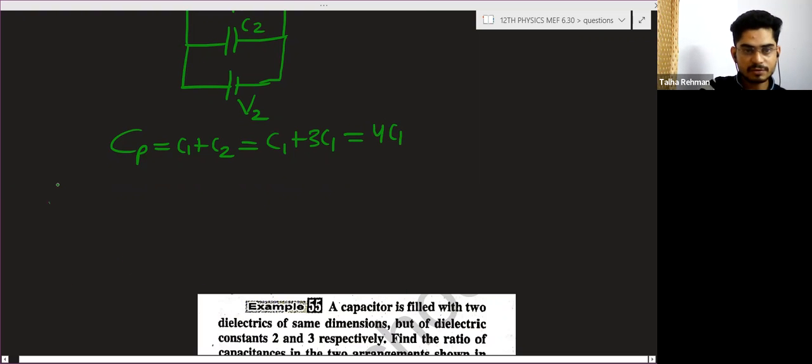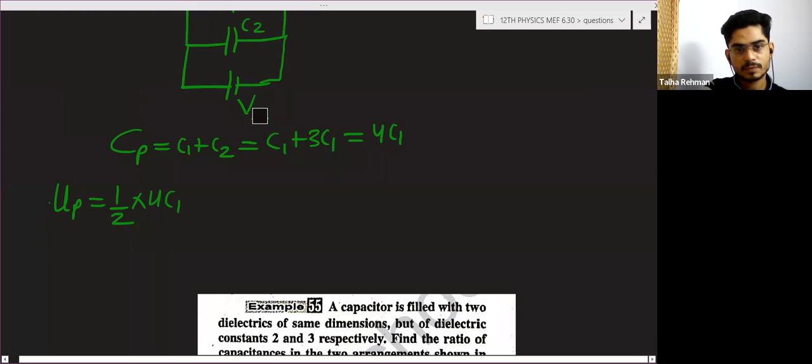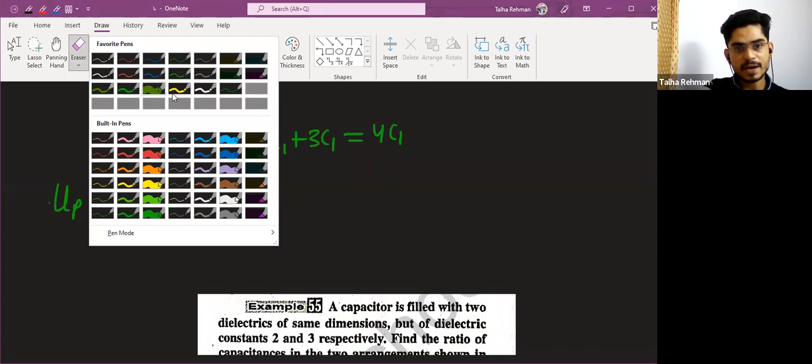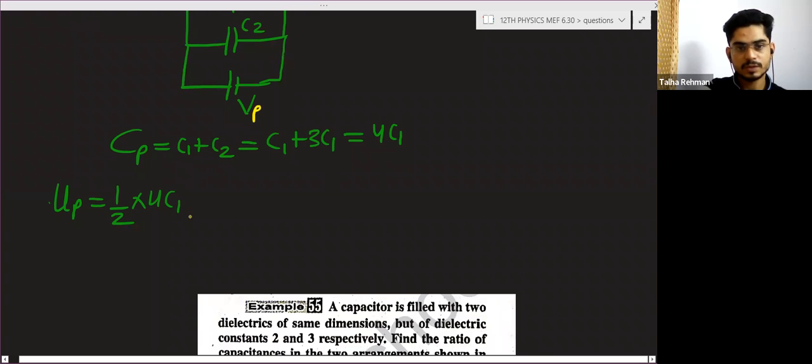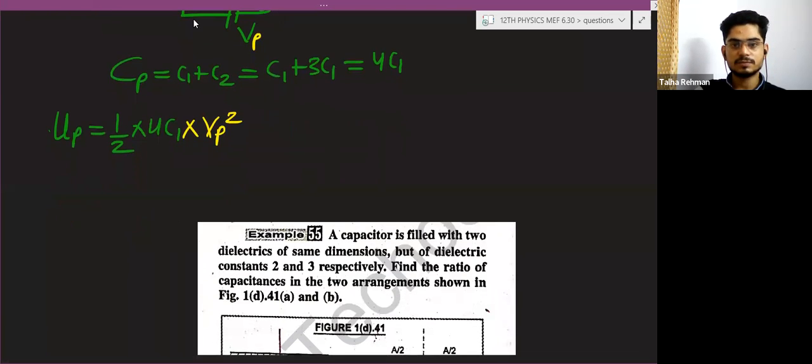So to calculate the energy in parallel, I will write half C equivalent into V. This is not V2, this is Vp, the applied voltage in parallel, into Vp square. Half C V square is the formula of energy. Now they are saying equate both the energies.